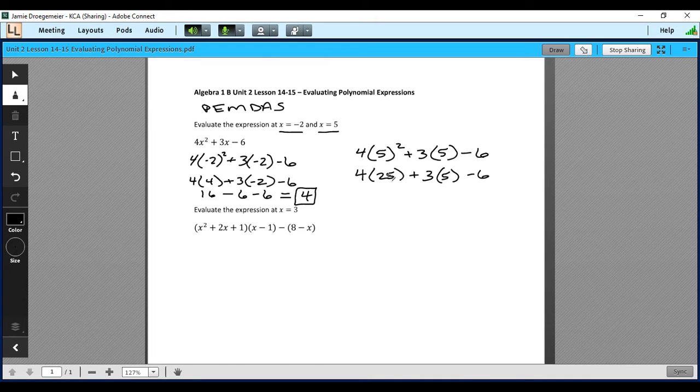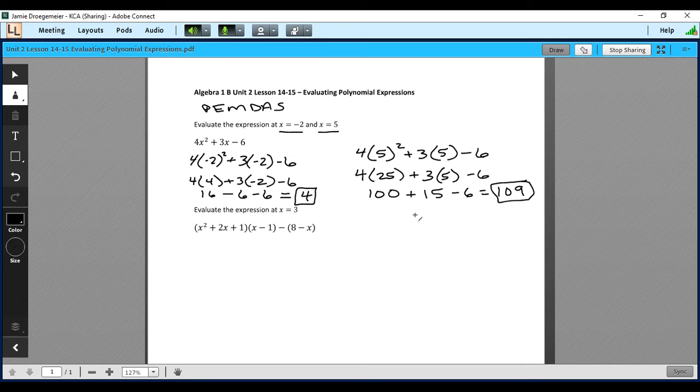My multiplication, 4 times 25 is 100. 3 times 5 is 15. And now we just have addition and subtraction left. From left to right, 100 plus 15 is 115. 115 minus 6 would be 109. So when x is 5, this expression evaluates to 109.